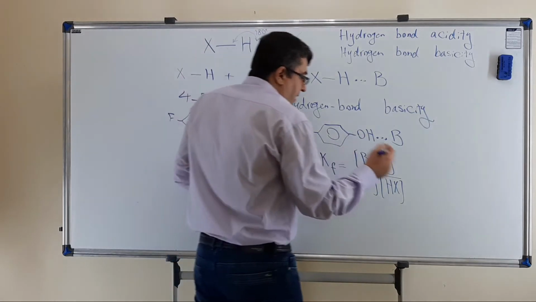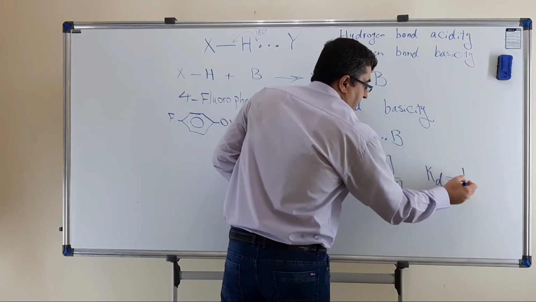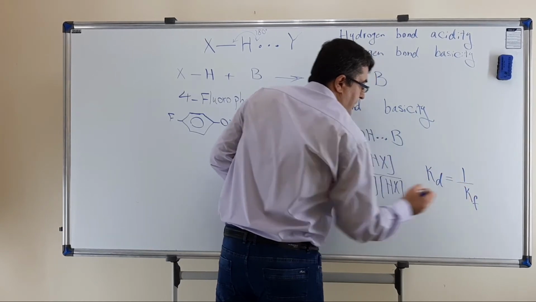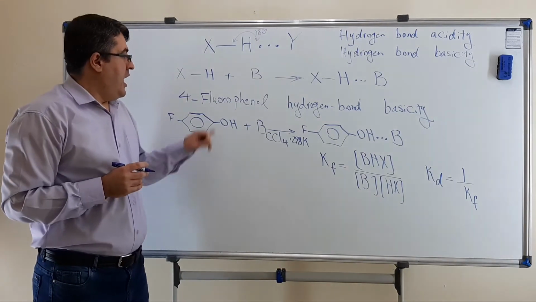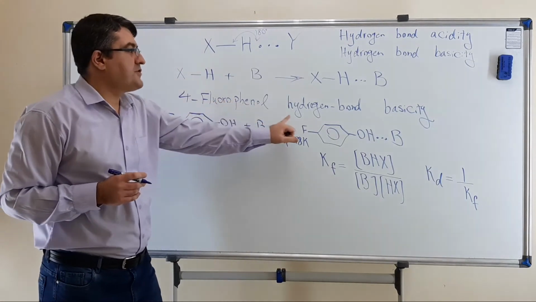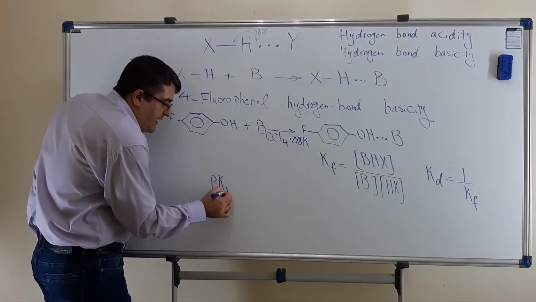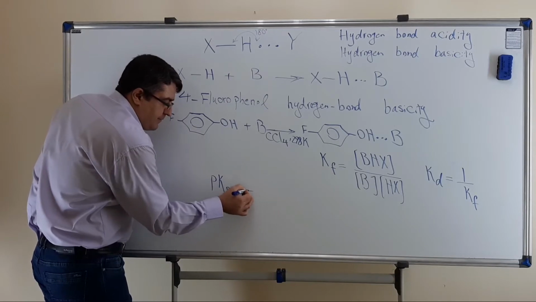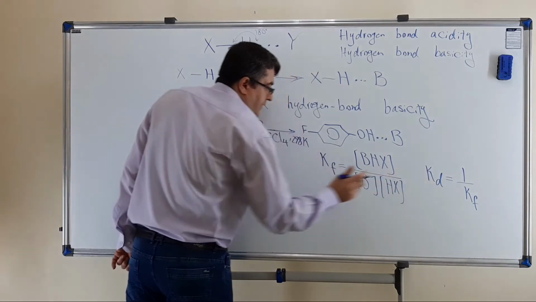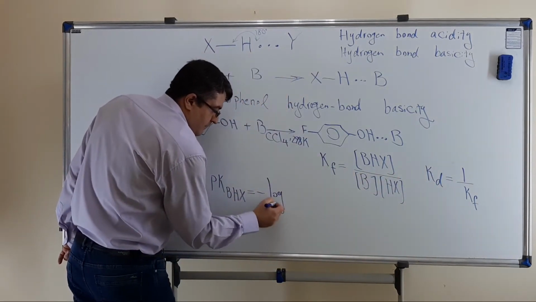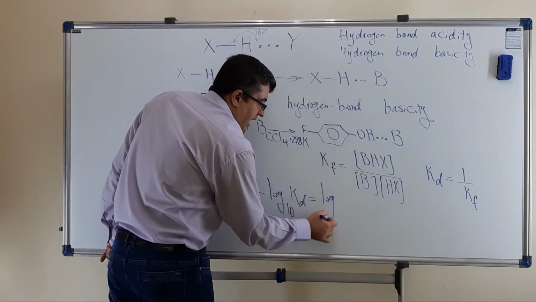Or we may consider the reciprocal of this as the dissociation constant. Therefore, 4-fluorophenol hydrogen bond basicity, represented as pKBHX, is the negative decimal logarithm of Kb, or the decimal logarithm of Kf.